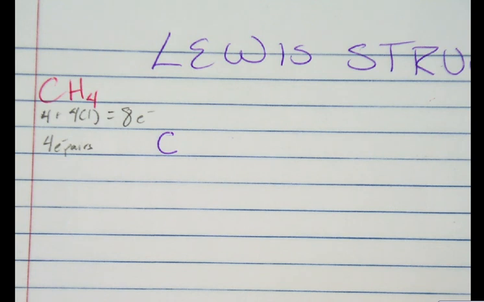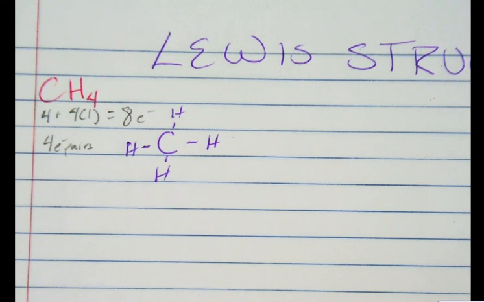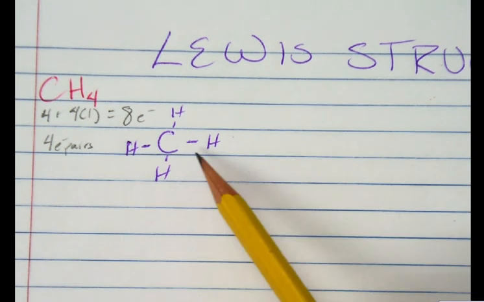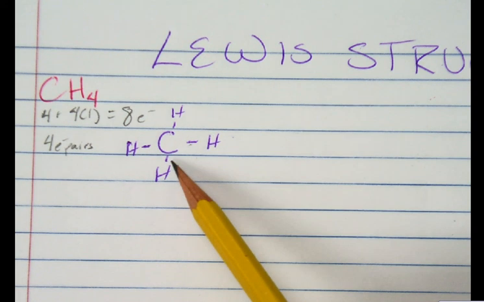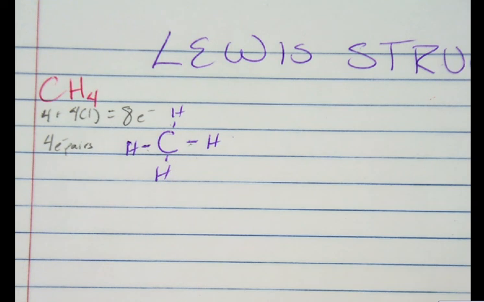We have 4 hydrogens, so we put them around this carbon and connect them with bonds. Each one of those bonds represents 2 valence electrons, or a pair, so that's 1, 2, 3, 4. We've used up 4 pairs. 4 minus 4 is 0, so we have no electrons left.